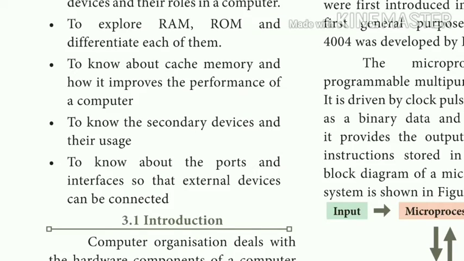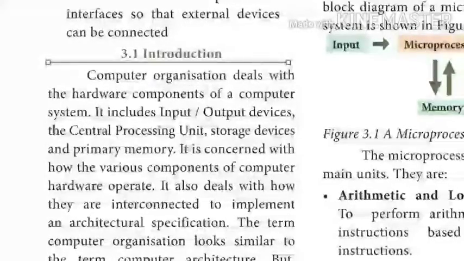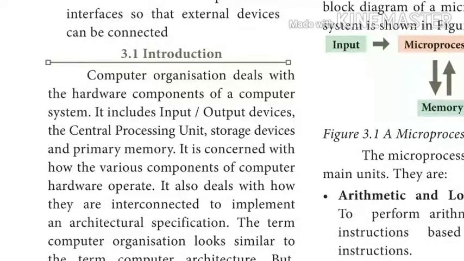So first of all, we are going to see the introduction. Computer organization deals with the hardware components of a computer system. Okay, so we are going to see the arrangement of computer hardware in such a way that it can be effectively arranged and reduce the latency or delay of the processor.